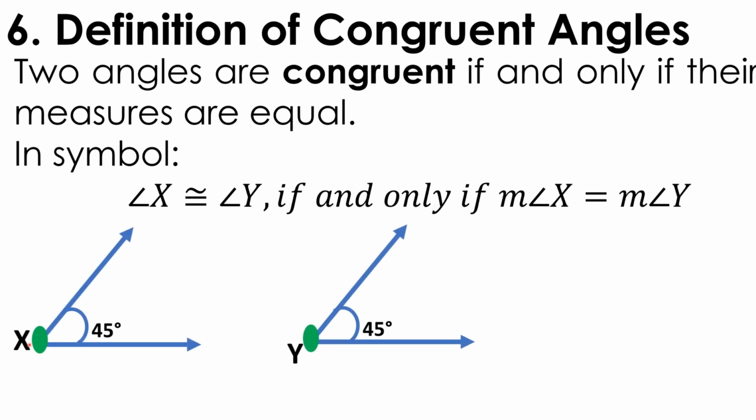This is angle X and this is angle Y. Now the basis of their congruency is their measurement. So the measurement of angle X is 45. So the measurement of angle Y is also 45 degrees since both angles are congruent.